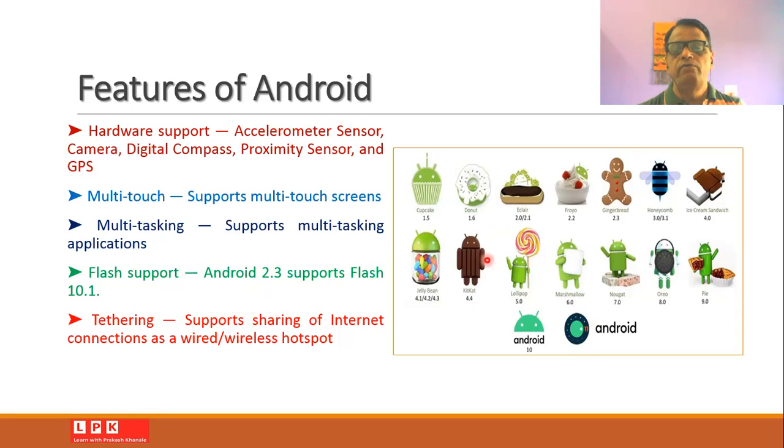In early days, different names were given to the versions, such as donut, eclair, gingerbread, honeycomb. Such dessert names were given to the Android versions. But nowadays Google has returned to the policy of numbering, and we can have numbers such as Android 10 or Android 11.